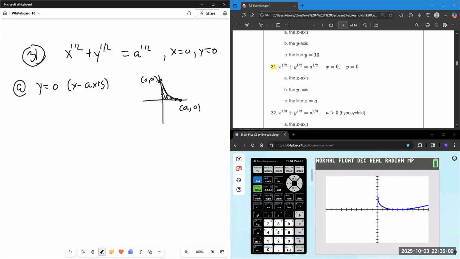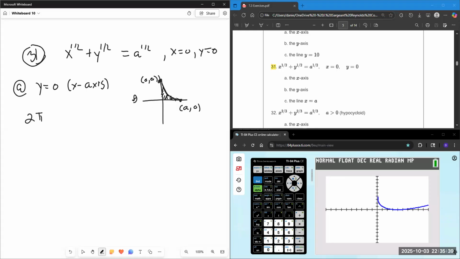So we're going to revolve like so, and let's use the shell method here to make a left to right rectangle that touches the y-axis.